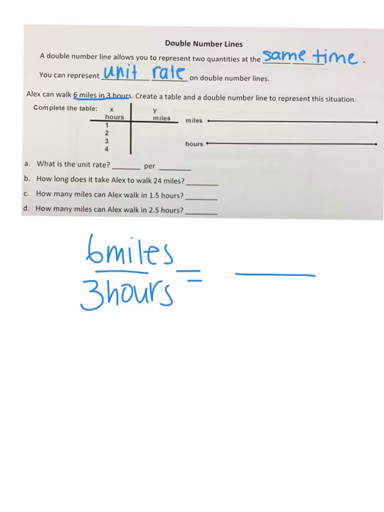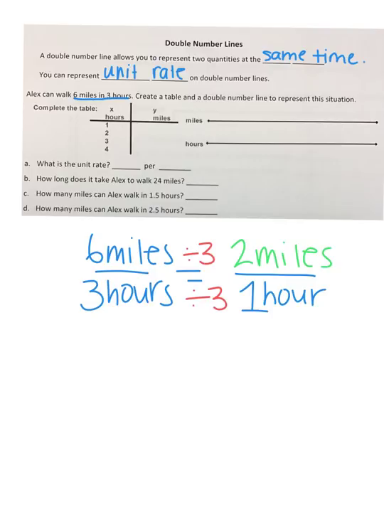We have to figure out how far he went in 1 hour. So we divide by our denominator. So divide by 3, divide by 3. 6 divided by 3 is 2. So our unit rate is 2 miles per hour.